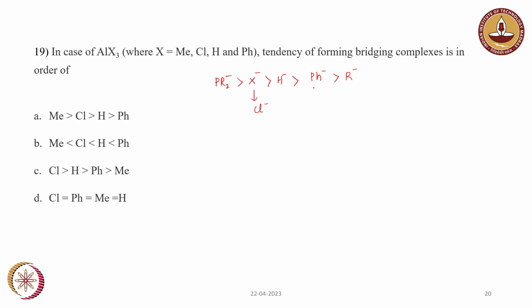And when comparing phenyl and alkyl group, phenyl has p pi bonds in the aromatic compound, so it can interact with the sp3 hybridized orbitals of aluminum. So aluminum is sp3 hybridized.